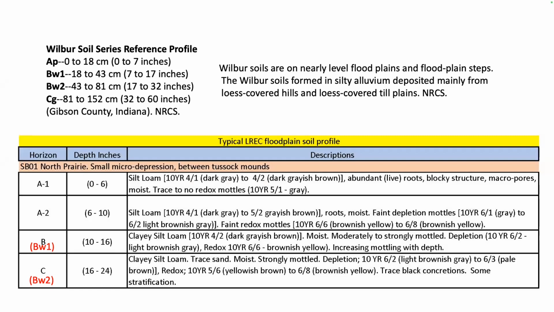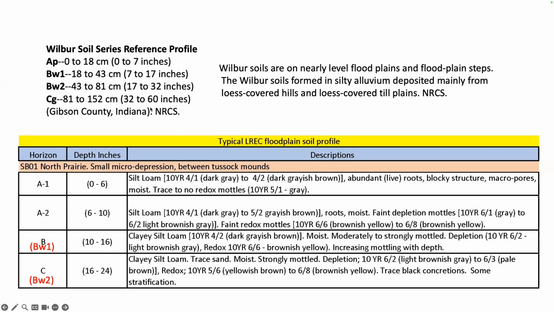So this is all in the Wilbur silt loam series. And there's a standard reference protocol up in here from some farm field in Indiana or something. But 0 to 7 inches is their AP for plowed, and then they have a weakly developed B horizon, 1 and 2, and then a CG horizon.